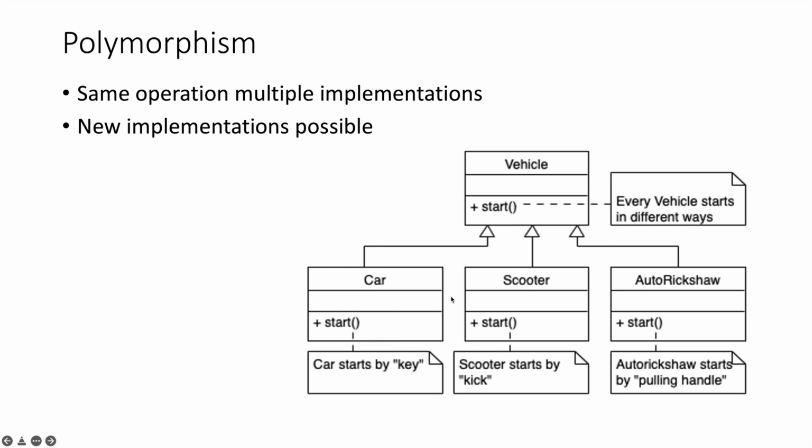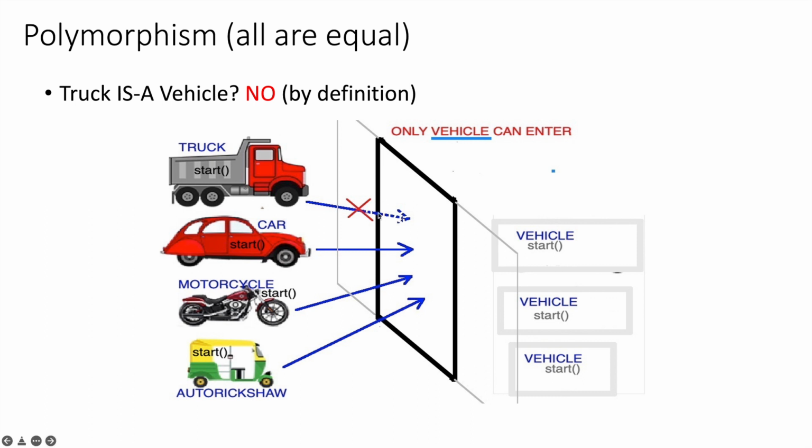According to our model, a truck is not a vehicle. According to our domain model, car is a vehicle, scooter is a vehicle, auto rickshaw is a vehicle, but truck is not mentioned in our model. Remember, we have to restrict ourselves to the model at hand, and we cannot apply our common sense here. We have to keep common sense outside the model.